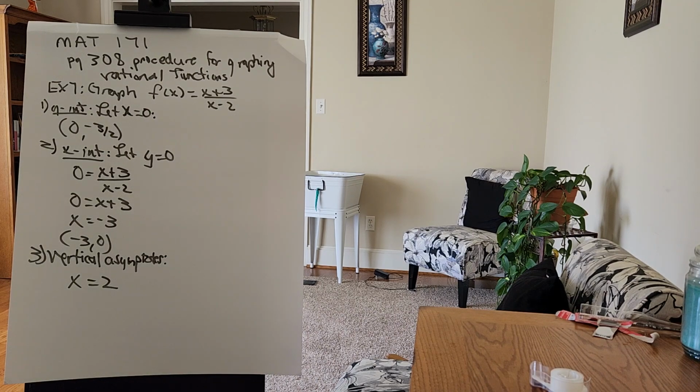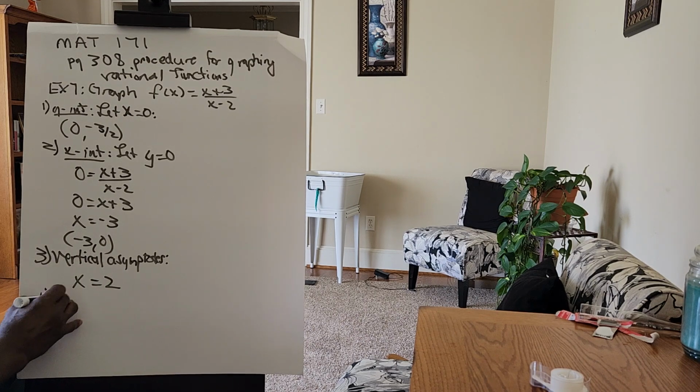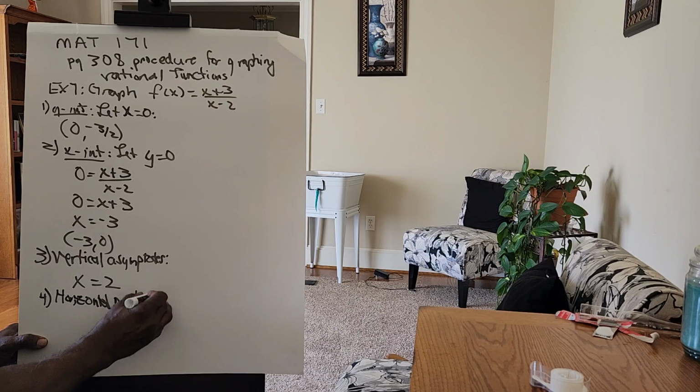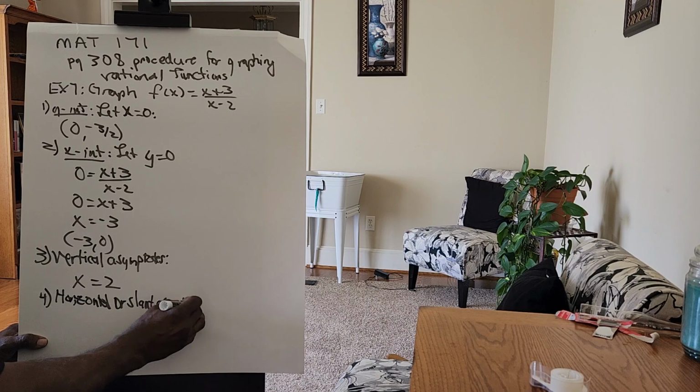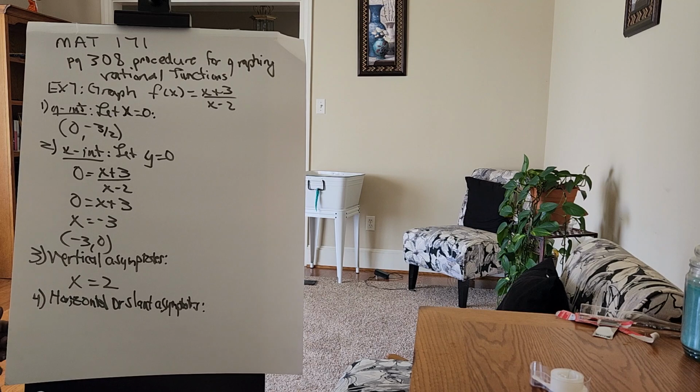Number 4 says determine whether you have any horizontal or slant asymptotes. So 4 is horizontal or slant asymptotes. Well, to find the slant or horizontal asymptotes, we'll start with horizontal.